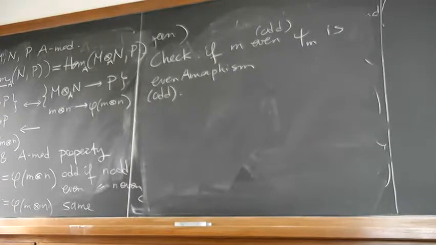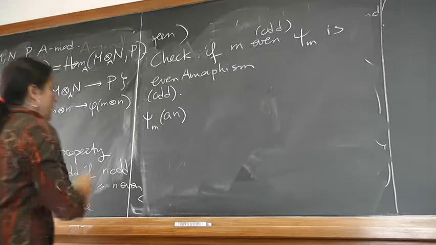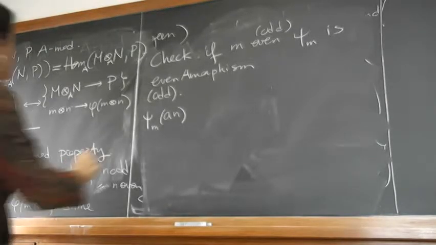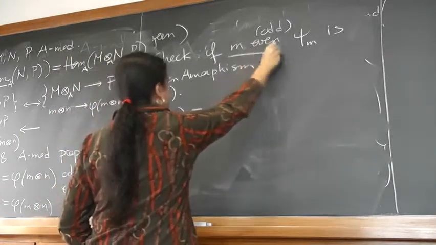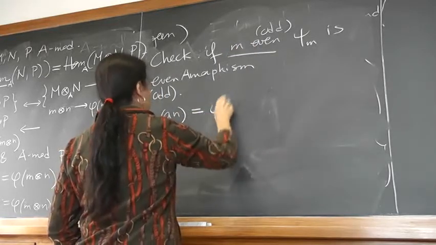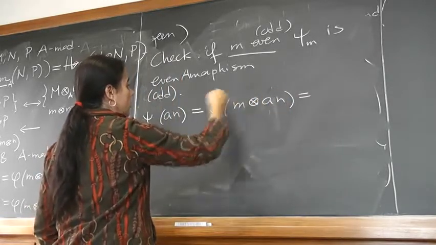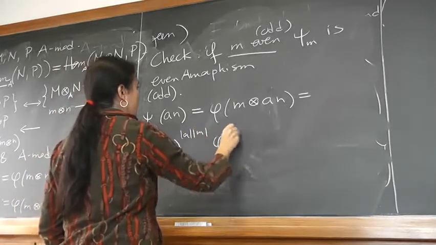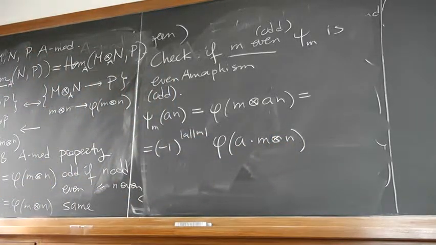Okay, so let's look at this. We have to check what happens to this. So remember M, M even or odd. So it's psi of M tensor AN. When we move it on, this is (-1) to the parity of A times parity of M, psi of A times M tensor N. We saw this at the beginning.